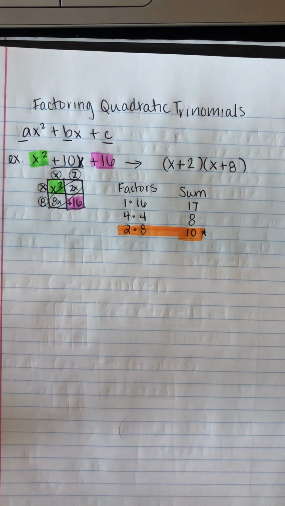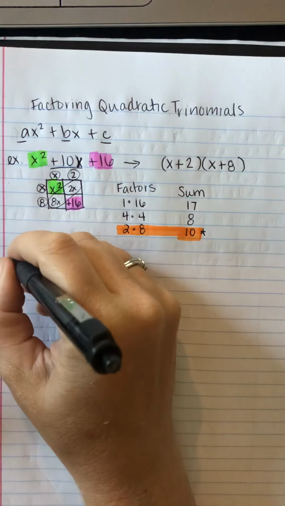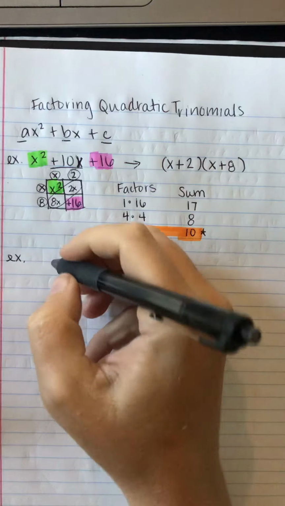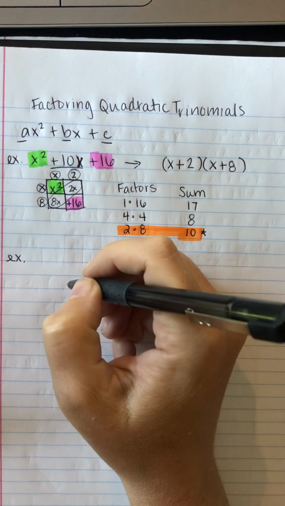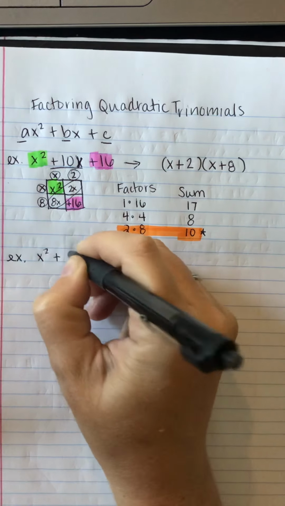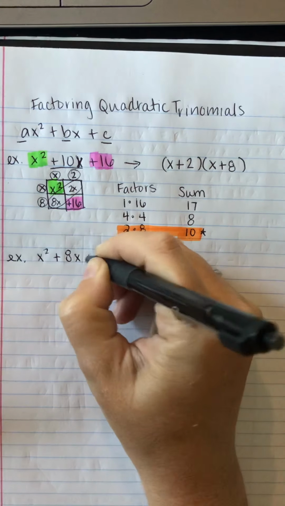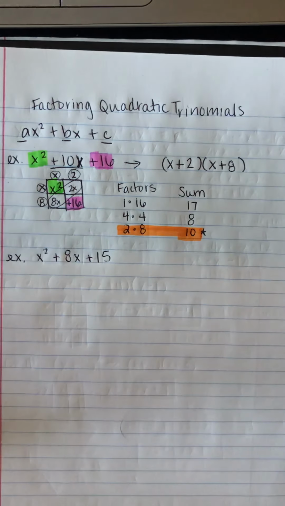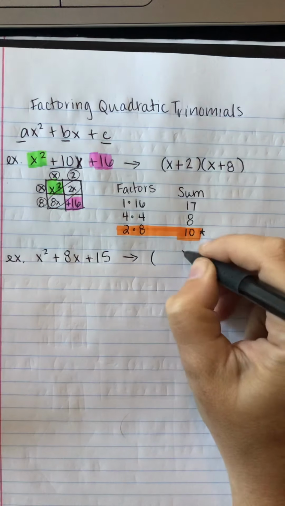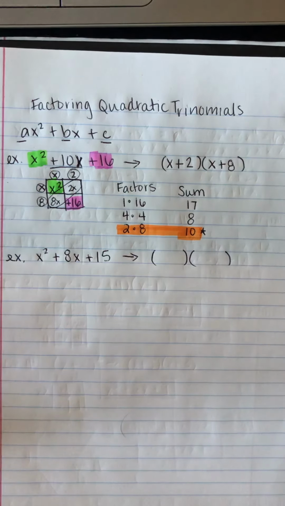All right, so the next one that we're going to do, we're going to have x squared plus 8x plus 15. And again, the point of factoring is to get it back into this binomial times binomial.